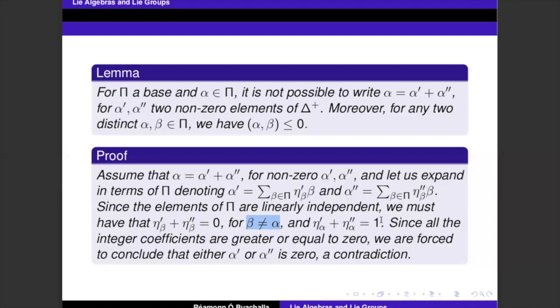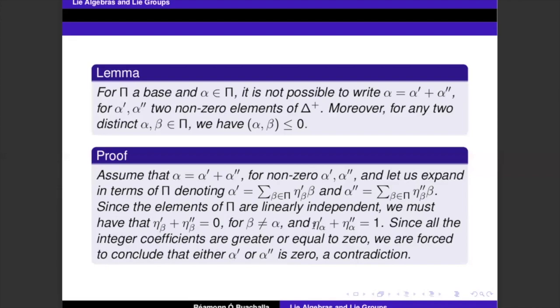But because these are positive roots, these coefficients are all greater than or equal to 0. Now, the only way that two integers which are greater than or equal to 0 can add up to 0 is if they're both 0. And over here, the only way that two non-negative integers can add up to 1 is if one of them is 1 and the other is 0. If eta prime alpha is equal to 0, then because all the other coefficients inside alpha prime are 0, alpha prime is 0.